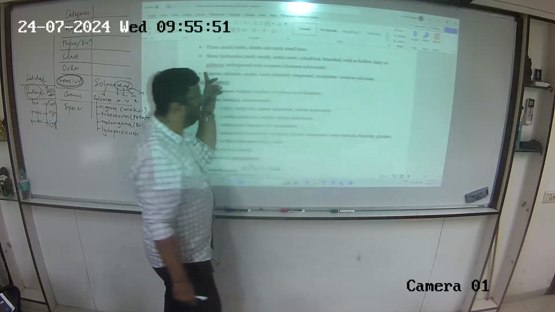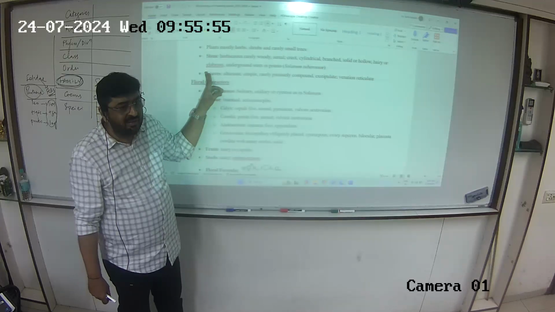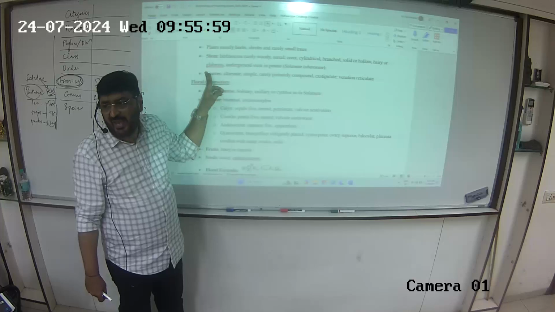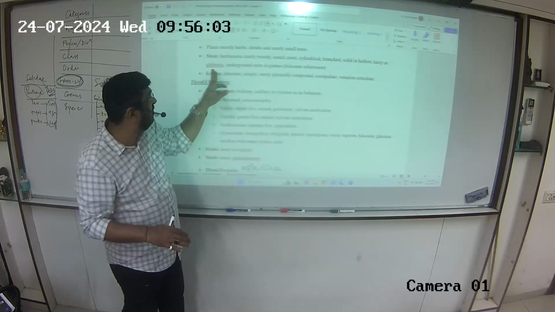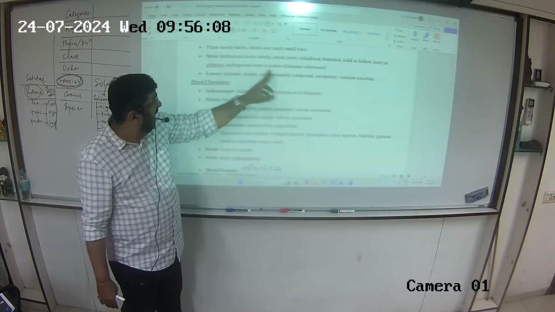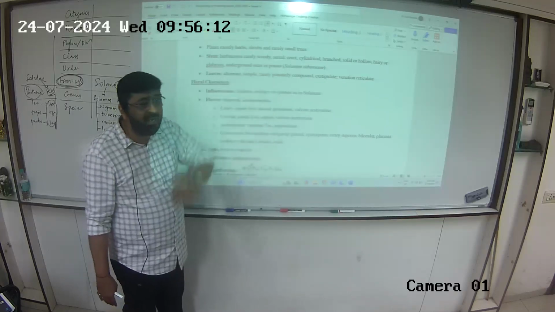Hairy or glabrous. Right? Did we talk about stem hair? किसी को याद है क्या बोलते हैं उसको? Trichomes. So you can have hair present on the surface of the stem, or it could be without hair. Without hair is glabrous, right? And the exception is potato, where you have an underground stem.